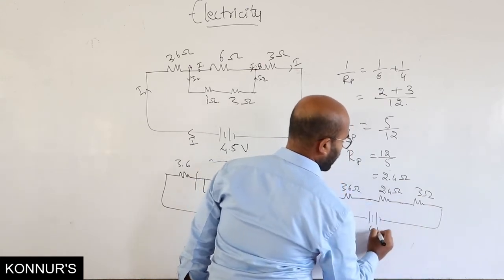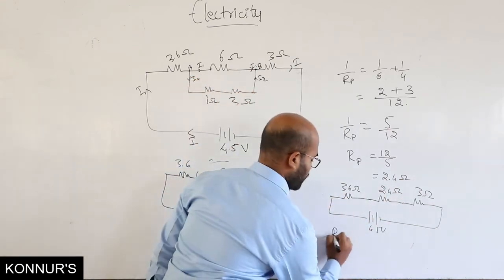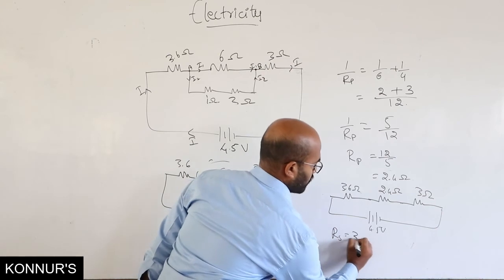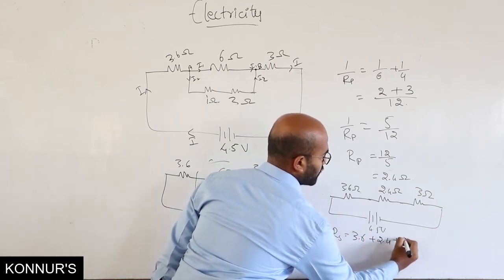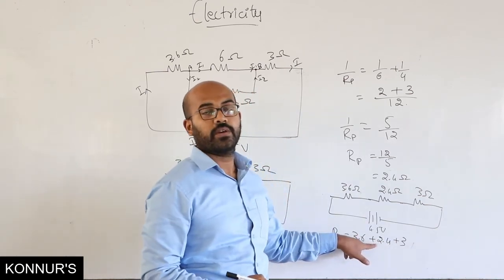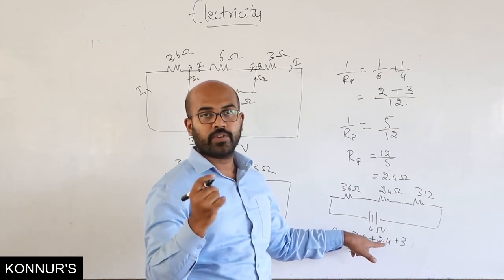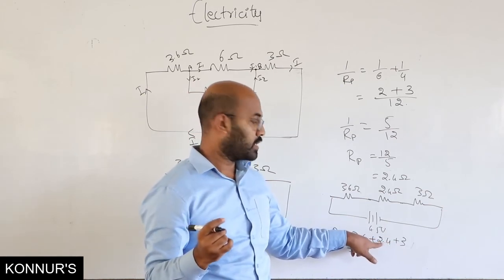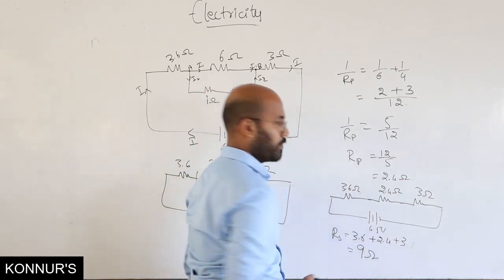So all are connected in series. So if I add Rs, 3.6 plus 2.4 plus 3, that is 3.6 plus 0.4 is 4, 4 plus 2 is 6, 6 plus 3 is 9 ohm.